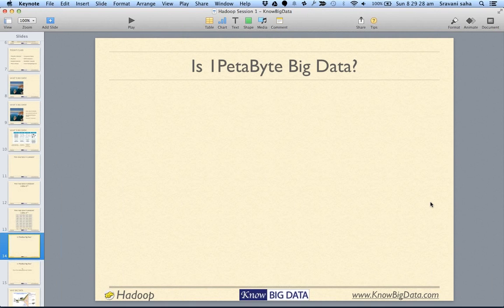Even for storage, whenever you want to store 1 petabyte of data reliably, you would have to have a distributed architecture. In no way can you store 1 petabyte on a single machine. Even if you stored it on a single machine, you would not be able to read the data at a faster pace.